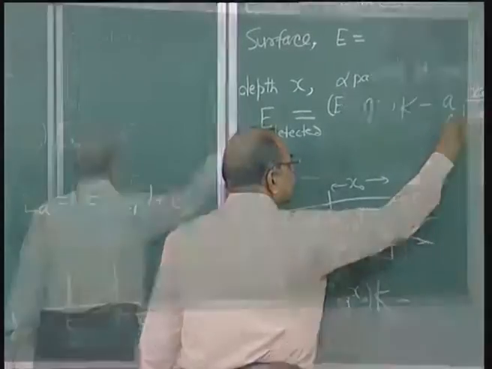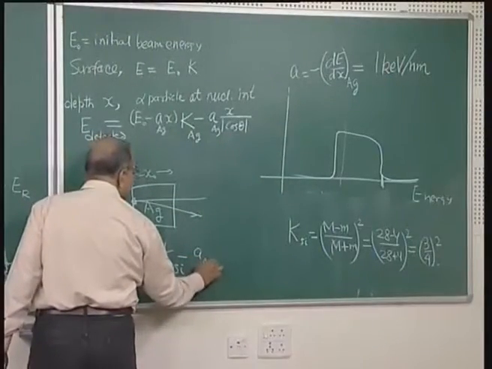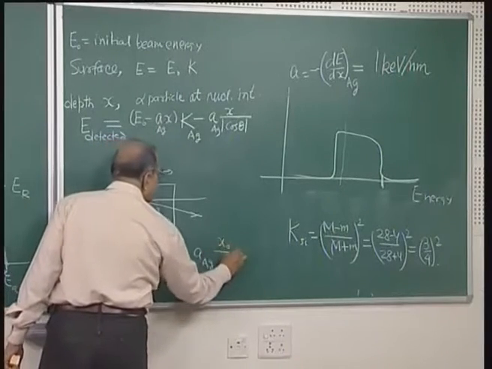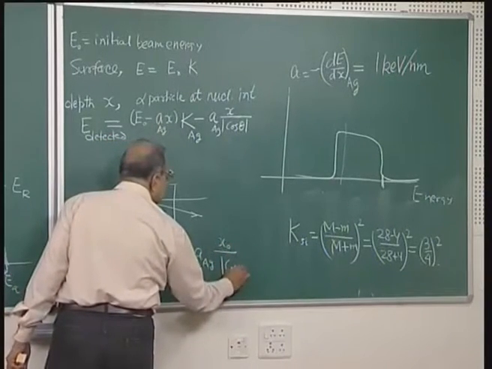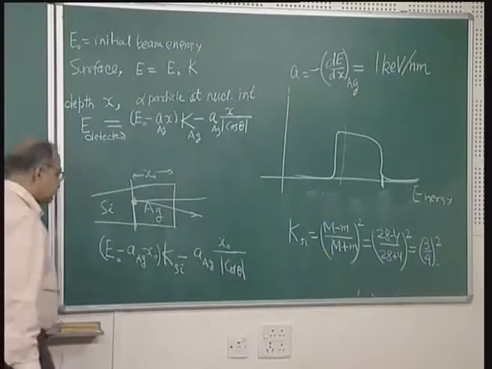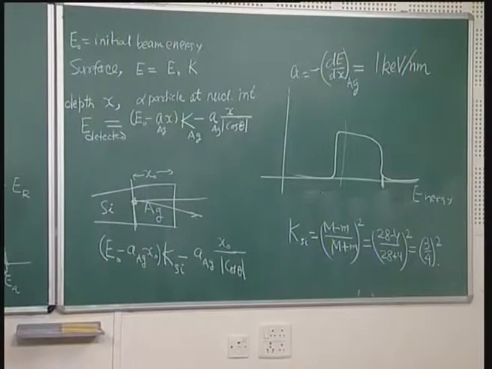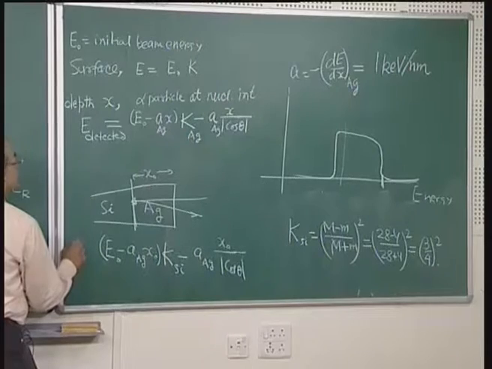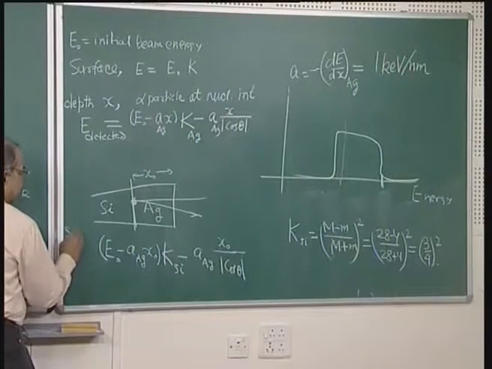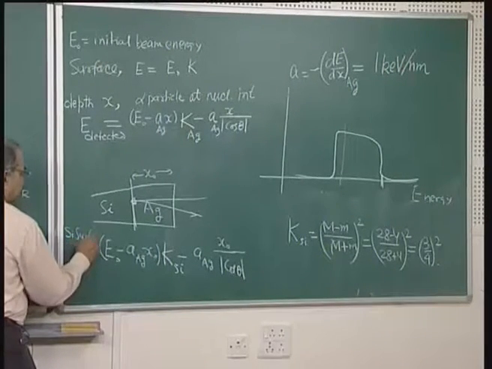So, this is again A silver and x naught over mod of cos theta. This is when it is scattered from the silicon surface, that means the interface.